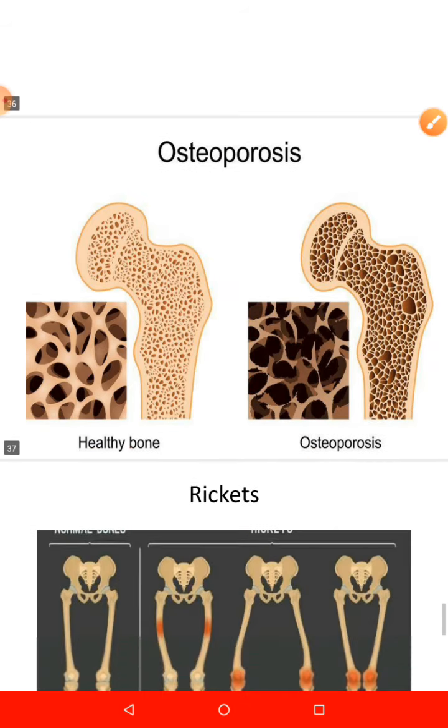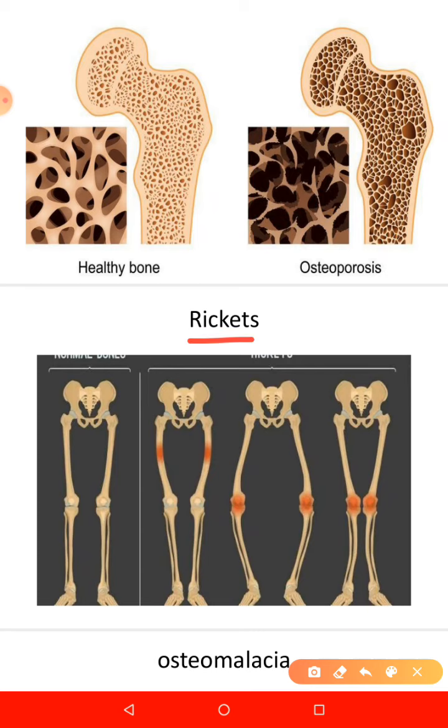Okay, the other condition is called rickets. From this diagram, you can see that it's a bone disease usually found in children. This is due to inadequate mineralization of bone matrix.